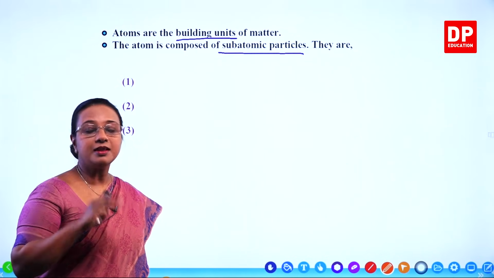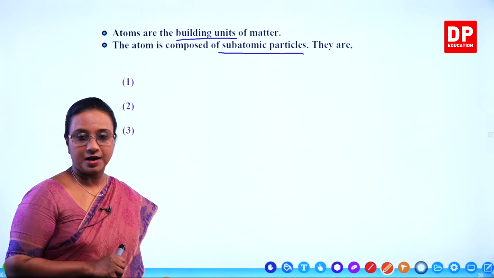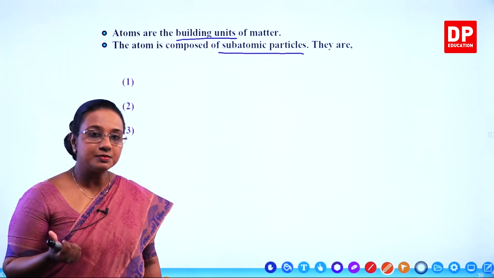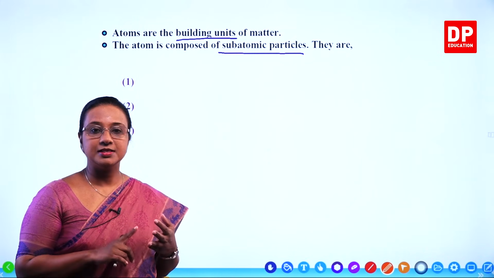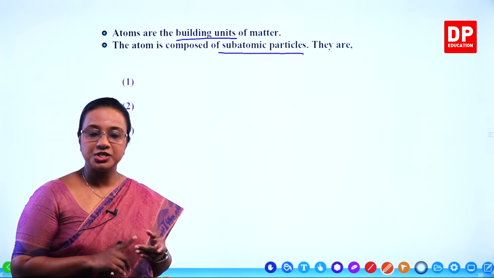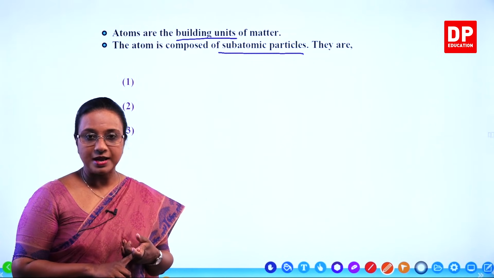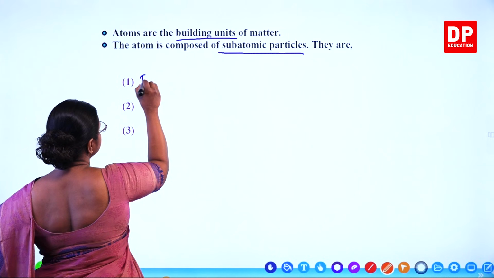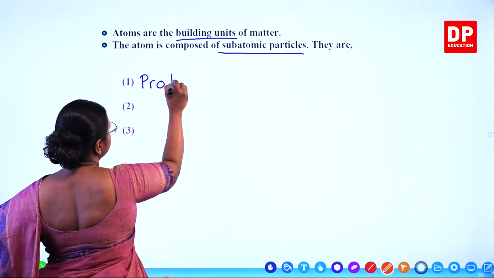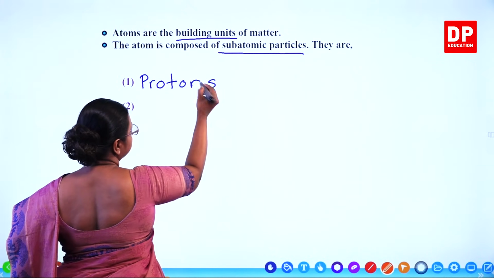And there are three types of subatomic particles. When we discuss subatomic particles, you should know their name, the symbol, the charge, and the mass of subatomic particles.